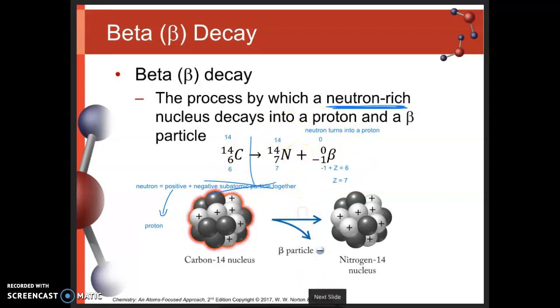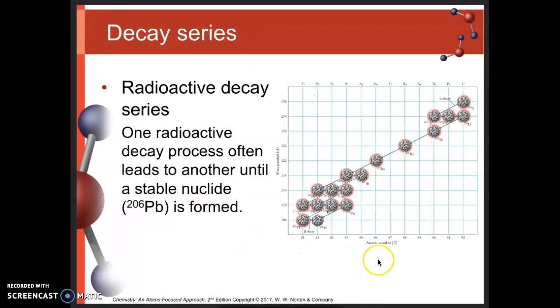And so we can look at alpha and beta and recognize that in alpha and beta decays, uranium with an atomic number of 92 is really far away from bismuth at atomic number 83. So what happens often is what we see is a decay series.